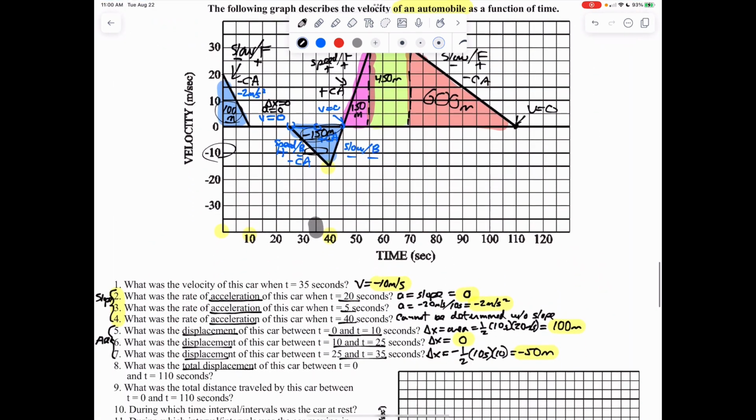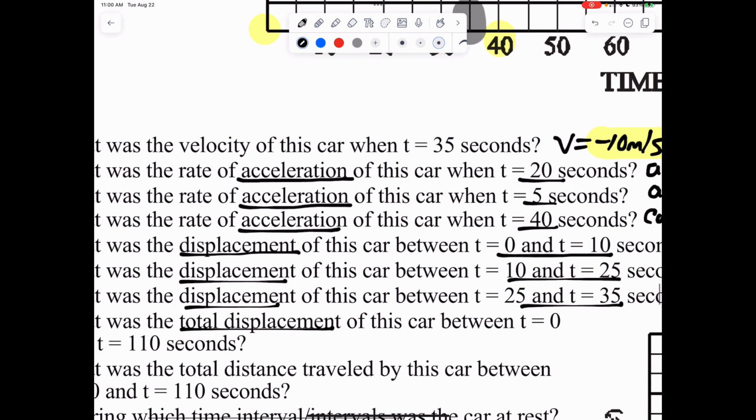So let's add all that up. So we're going 100 meters, minus the 150 because it's negative, and then add everything else. Plus 150 plus 450 plus 600, okay? I hope you got that.